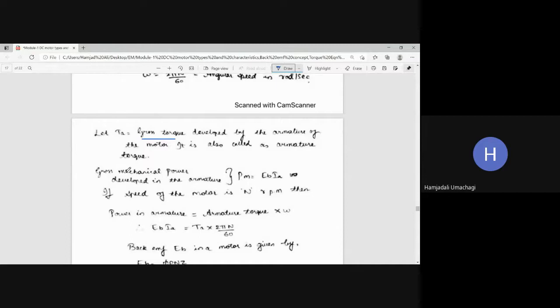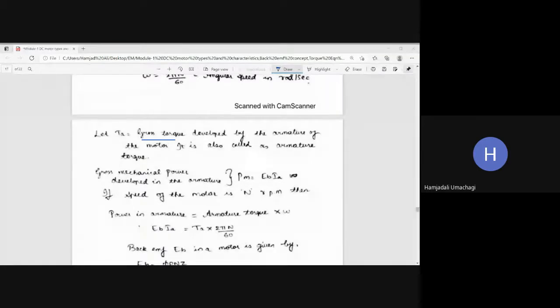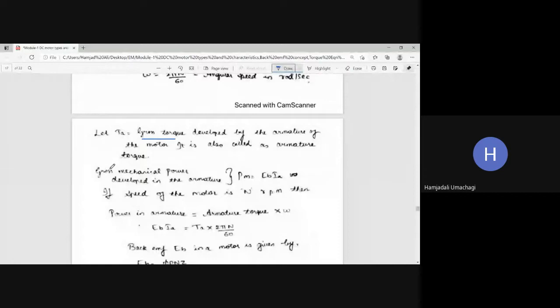Then coming to the power now: because of the torque, there will be certain power in the armature. That power is nothing but the gross mechanical power developed within the armature, denoted by P suffix M.